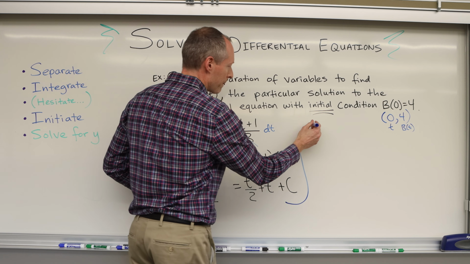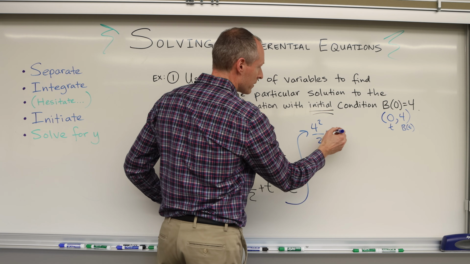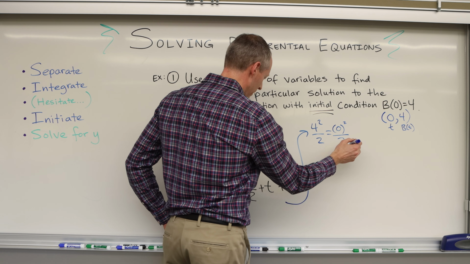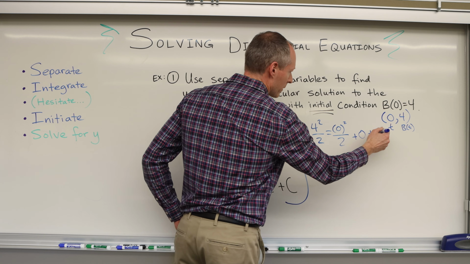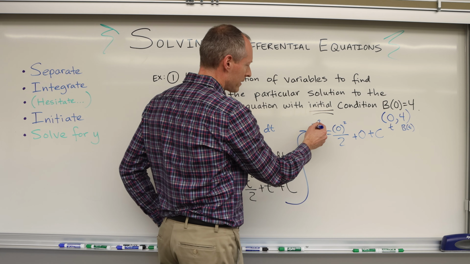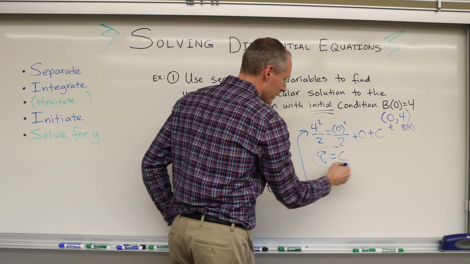So 4 squared over 2 equals, and yes, the 0 will wipe out that part, but I'm still going to show it really quick. When I plug in 0 for t, I get this, so 16 over 2 is 8, and all that's 0, so c equals 8.